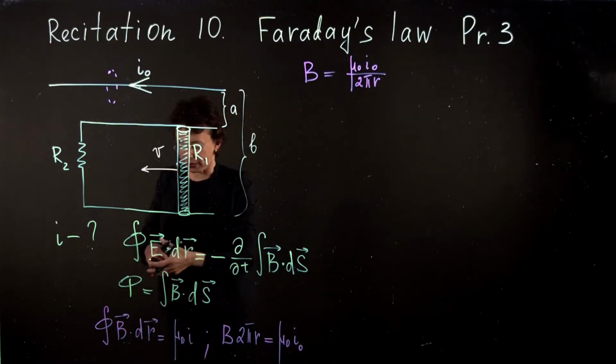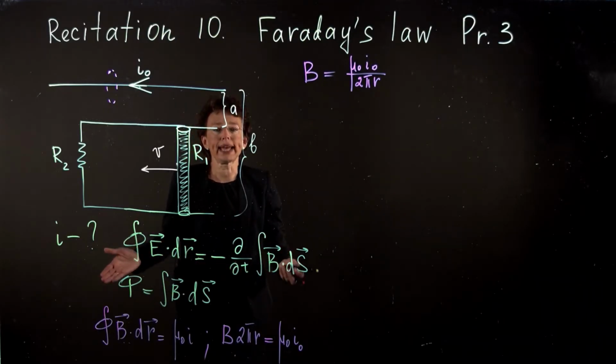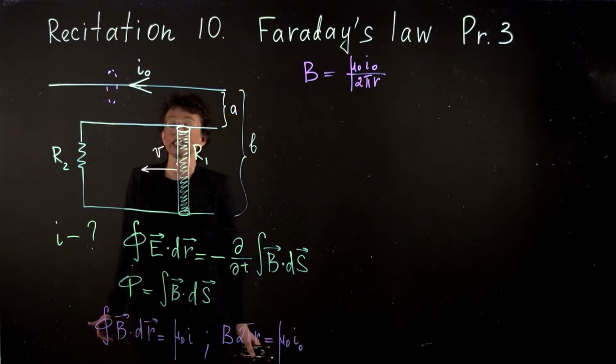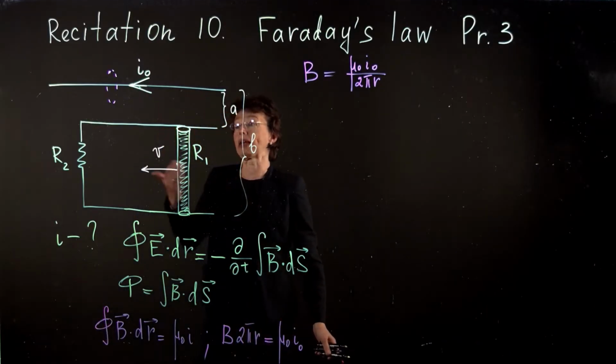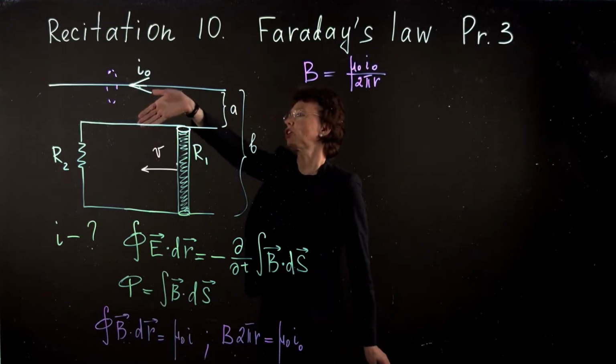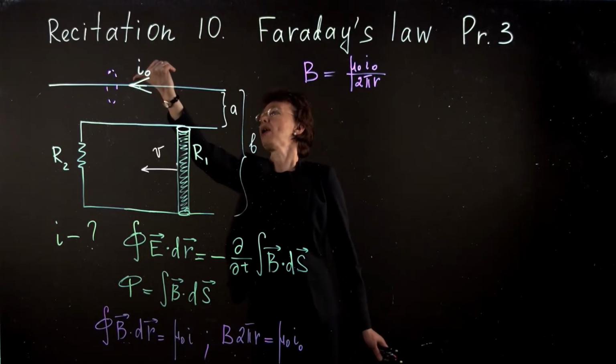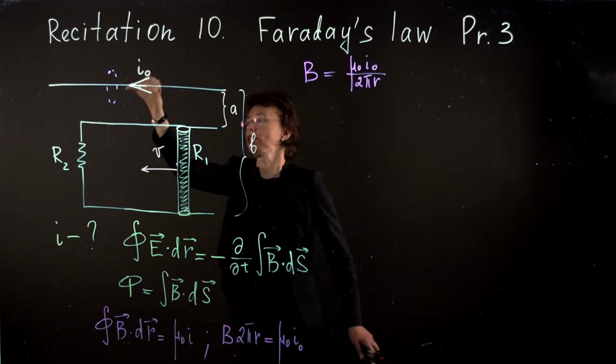What will be the direction of the magnetic field? You need to use your right hand to figure out the direction of the magnetic field. Ironically, I use my left hand because you see my mirrored image. I put my fingers along the current, and here below this wire, my fingers go out of the page. And above the wire, my fingers go into the page.